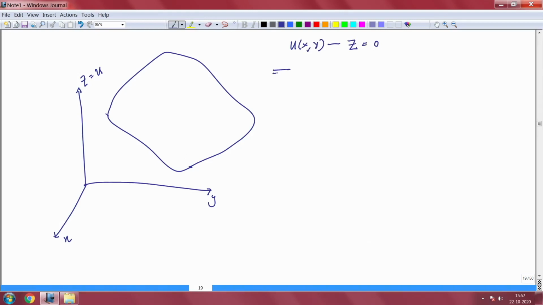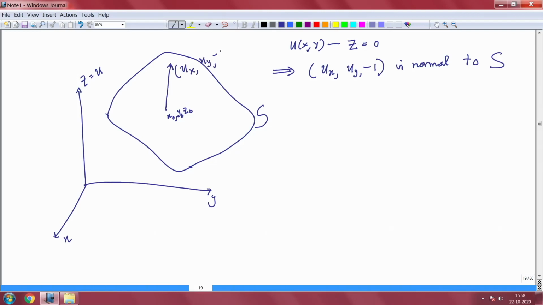That implies (u_x, u_y, minus 1) is the normal to the integral surface S; this we will use throughout now. If I fix a point (x0, y0, z0) on the surface, this gives you the normal, that is (u_x, u_y, minus 1).